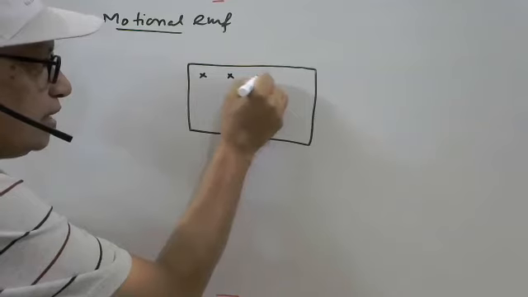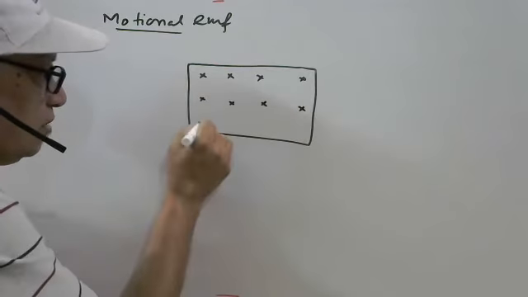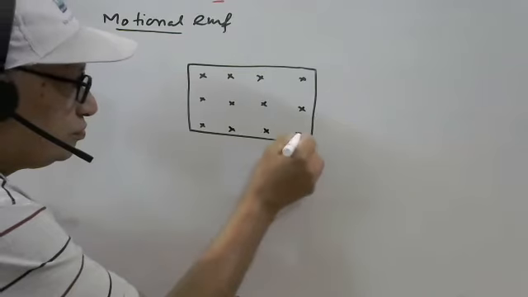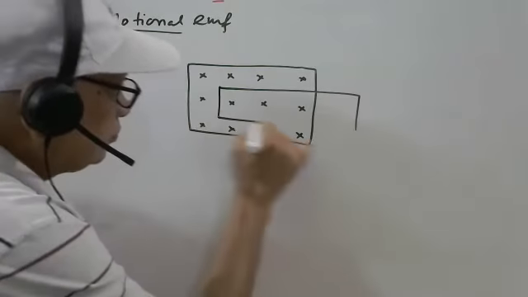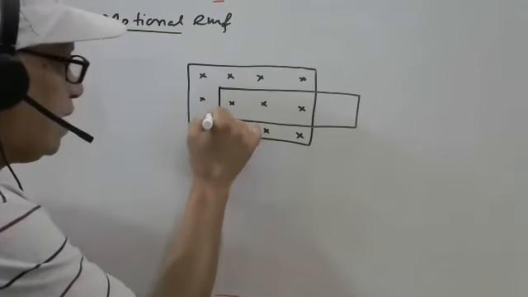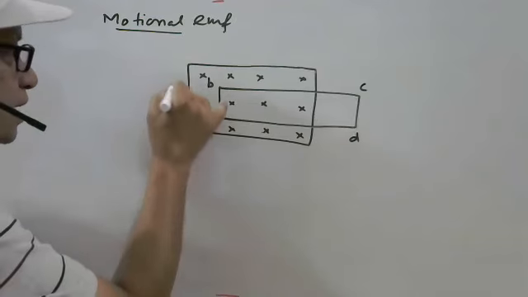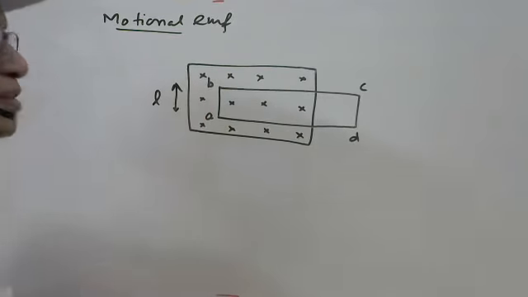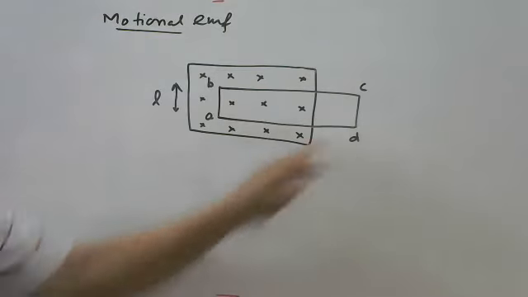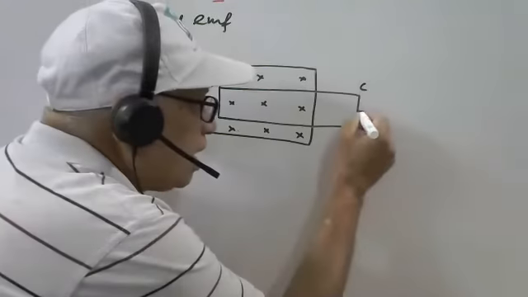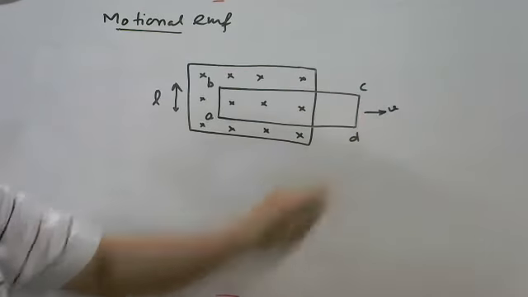I am taking the magnetic field here inward, shown by crosses, and this is the coil, let us say ABCD, and this is the width L. Suppose this coil ABCD is moving out. We are taking it out. It is moving with velocity v.